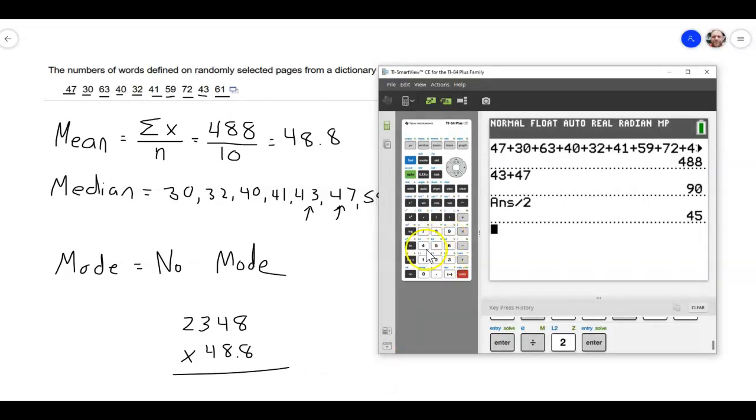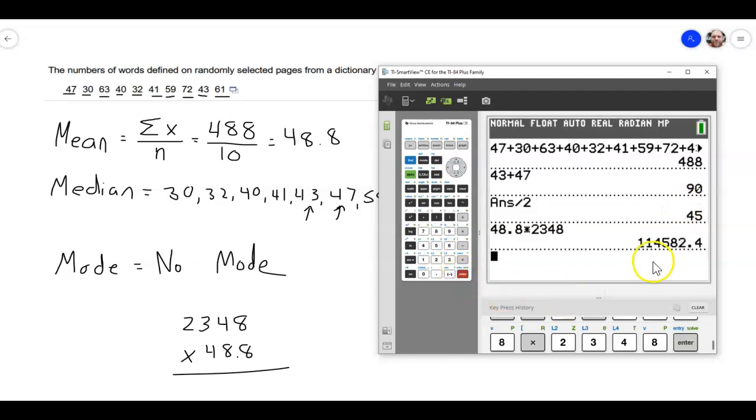So 48.8 times the number of total pages. And we could say that we think that there's somewhere around 114,000 words, or 114,582 words that are defined in this dictionary.